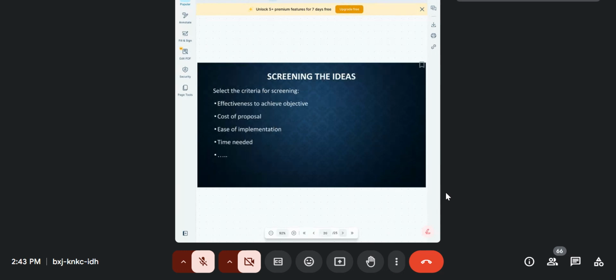So of course, the next thing to do is to actually screen the ideas. So it's to select the criteria for screening the ideas, such as the effectiveness of achieving our objective, the cost of proposal, ease of implementation, time needed, and so on and so forth. So you have to develop the criteria that you want to actually use to determine which of our 8 projects you want to do.